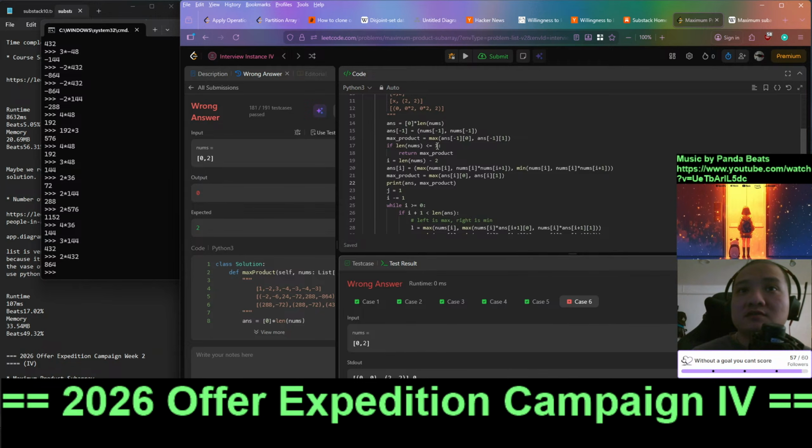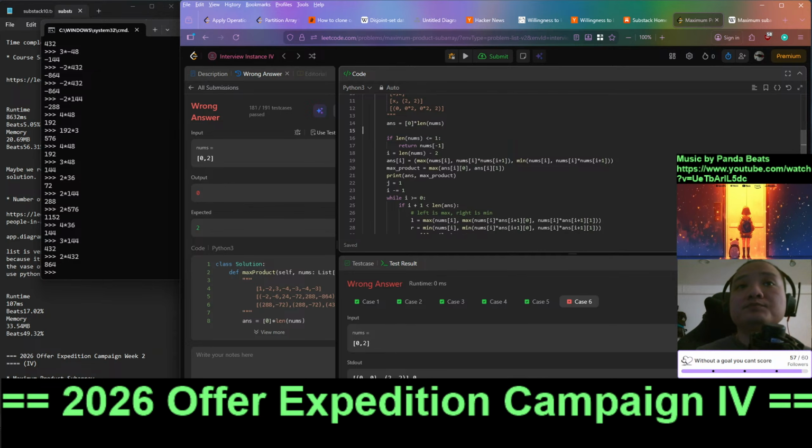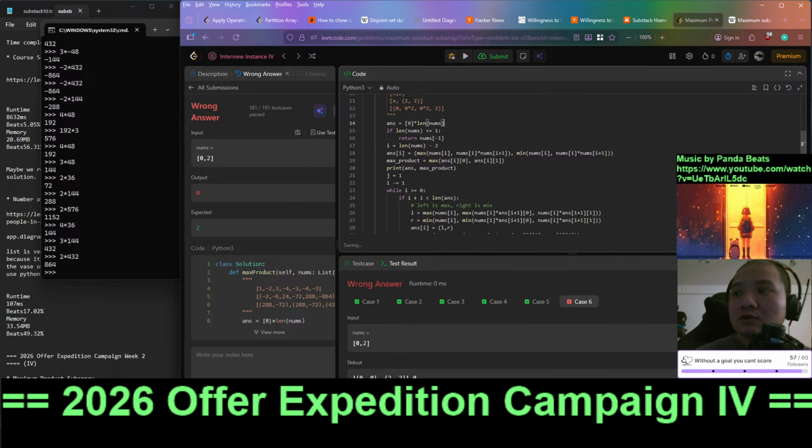So let's say if it's less than 1, then the max number just gonna be the nums minus 1, right?